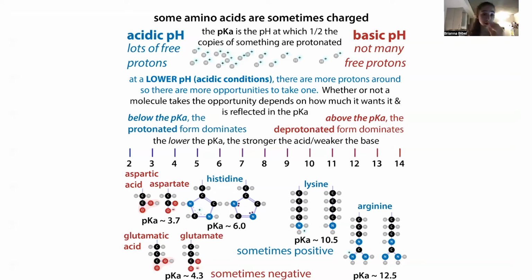Histidine can go back and forth, and this can allow it to play important roles in the body, especially in enzymes and really cool things. So these are sometimes charged, but they can go back and forth. Although I'm talking about the pH of your body, inside of enzymes, inside of molecules, inside compartments, there can be local differences in the pH.